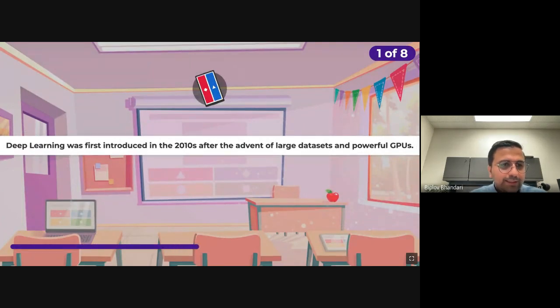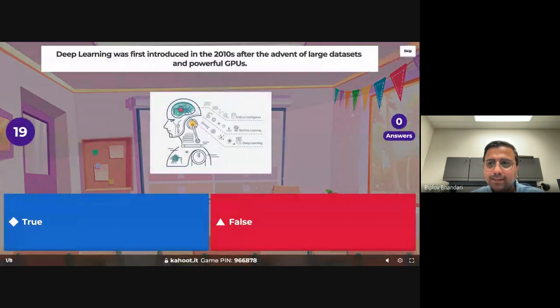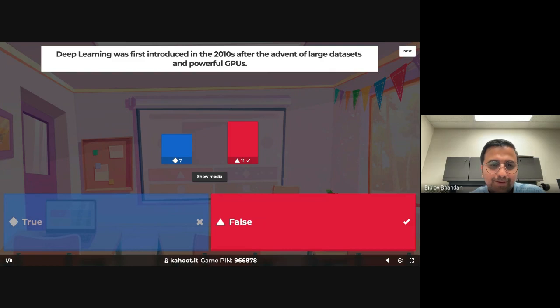The first question is: deep learning was first introduced in 2010 after the advent of large datasets and powerful GPUs. We got 5 seconds. Awesome.